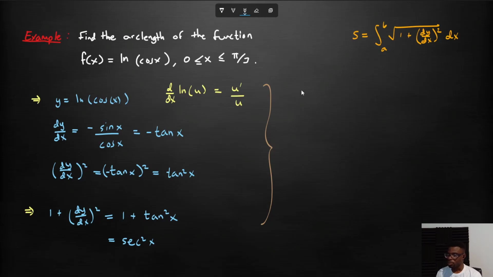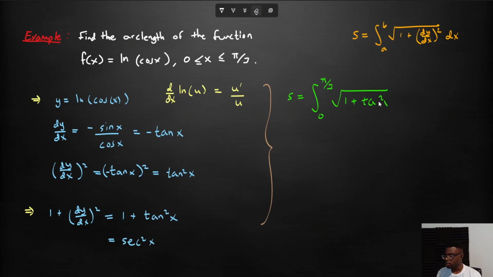Okay, so we're going to write our arc length is equal to the integral from point A to point B, point A being 0 and point B being pi over 3. So our arc length is the integral from 0 to pi over 3 of the square root of 1 plus tangent squared of x. And we've already identified that 1 plus tangent squared of x is actually secant squared of x.